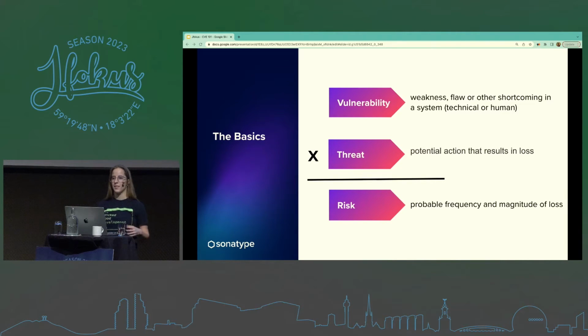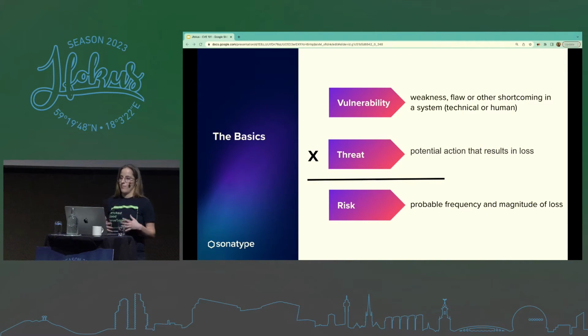So having a vulnerability that exists is not really an issue unless there's an intent to do harm. Similarly, if there's no vulnerabilities that exist, an intent to do harm doesn't really help either. And so the goal with cybersecurity is really to mitigate this risk factor.